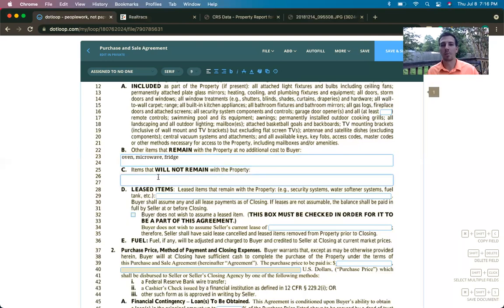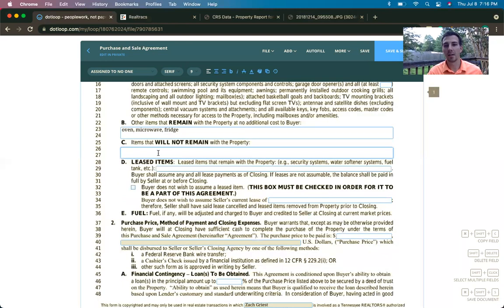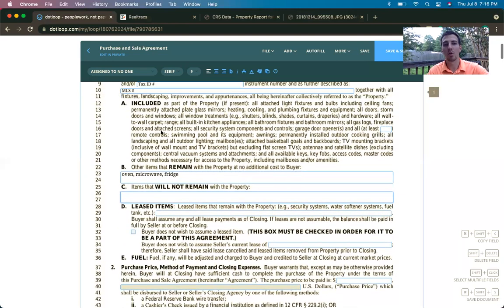Items that will not remain with the property. Again, remember, we are not lawyers, we do not practice law. So we cannot come up here to sections 12 through 20 and start crossing out items. If you fill in something in this blank, it will override what's in sections 12 through 21. For example, let's just pick something here.